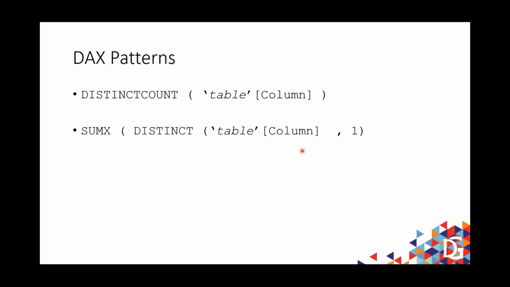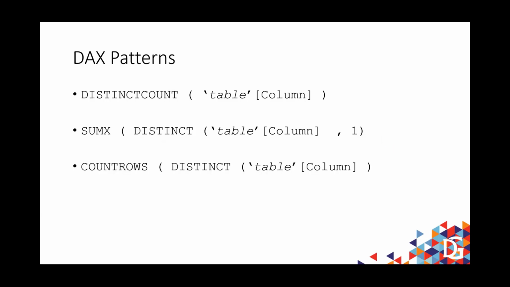SUMX will iterate or perform as many loops as there are rows in this table, and the distinct function will provide a table of unique values, and SUMX at the end of the day just does a nice quick easy count. Both of these calculations should arrive at the same value, but they take very different approaches underneath the covers, and they suit different data scenarios, which I'll hopefully explain nice and clearly in my demos that I have shortly.